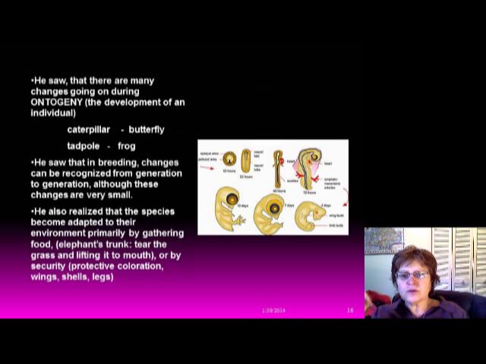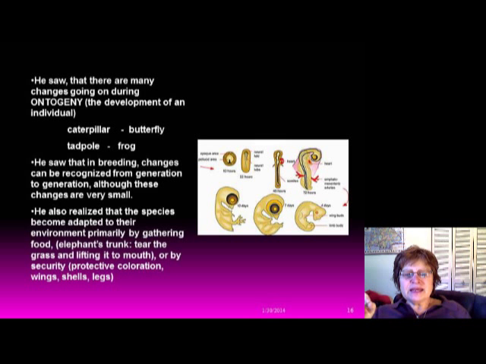Ontogeny is the individual's lifespan, and inside that it's the individual development, like the caterpillar will become a butterfly, or the tadpole becomes a frog. And of course, when a human or any other animal develops inside the womb, it's going through a lot of changes. This is what we call ontogeny.